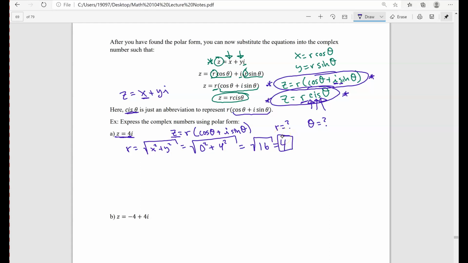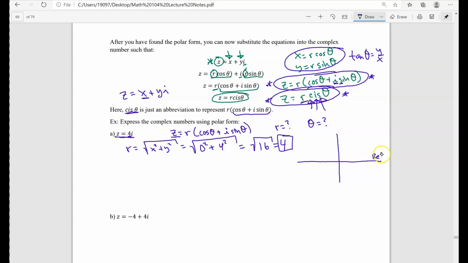Now, what about your theta value? You can use these values, or you can use the fact that tangent of theta is equal to y over x. Another way to think about it is to graph this.